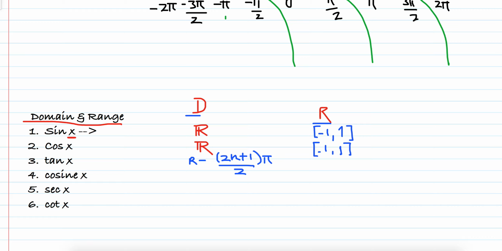And similarly for sec, we will have cos in the denominator, so again we will have the same value, (2n plus 1) divided by 2 pi. But tan theta takes all the values, so its range is R.